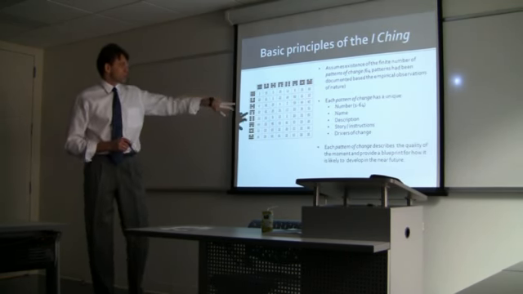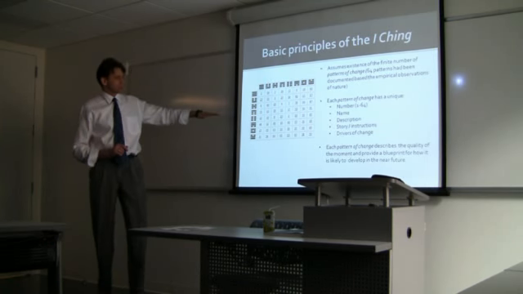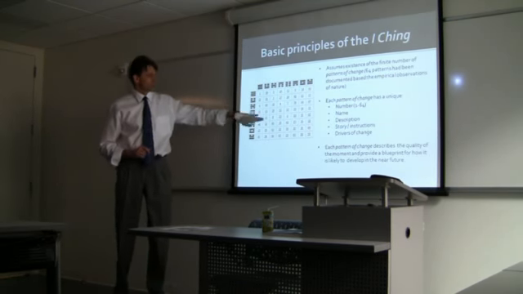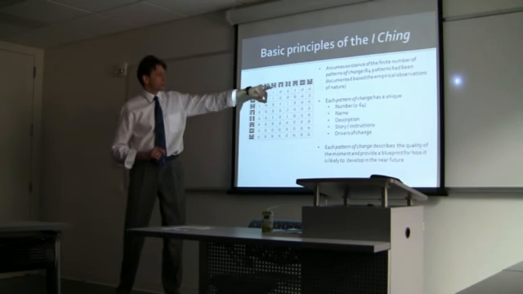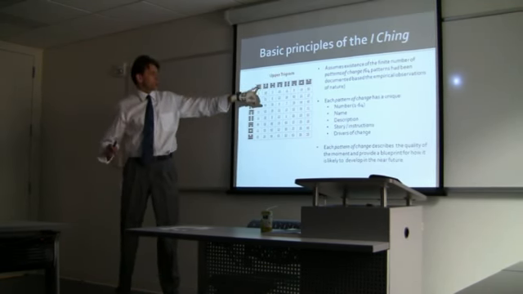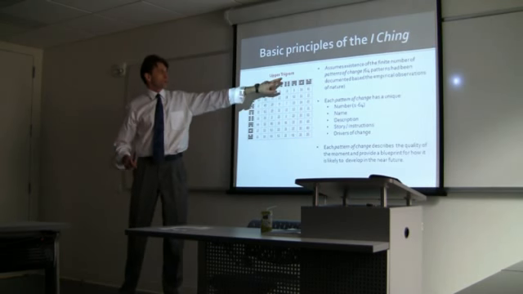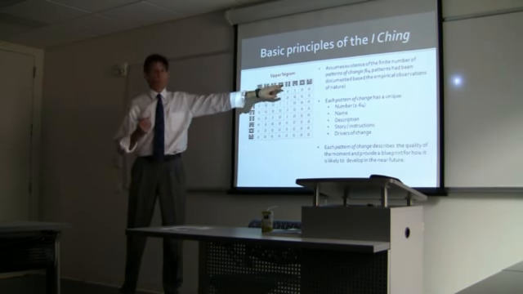Each of those patterns is derived as an intersection of a row and a column. Those things on the top, we will call a trigram. The root "tri" signifies three, because of three lines.